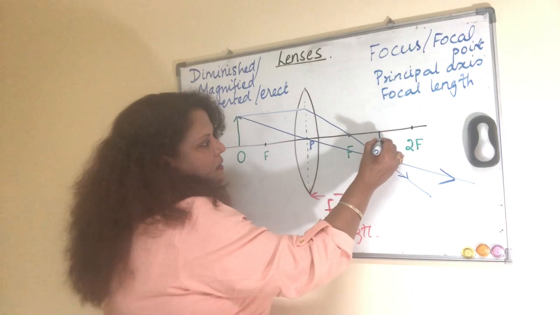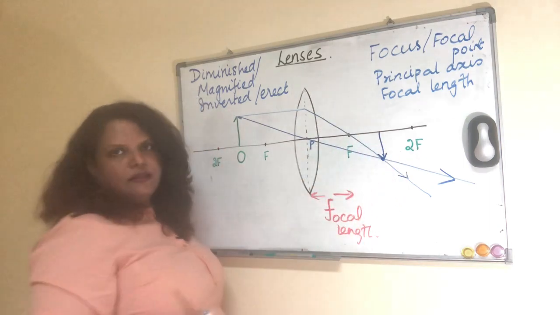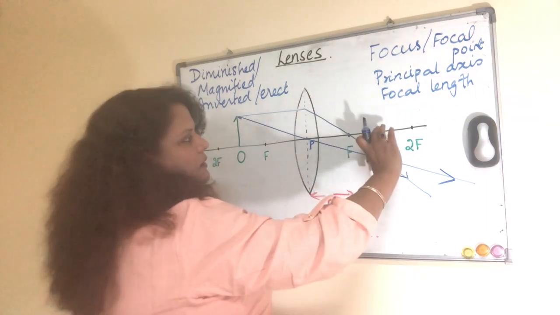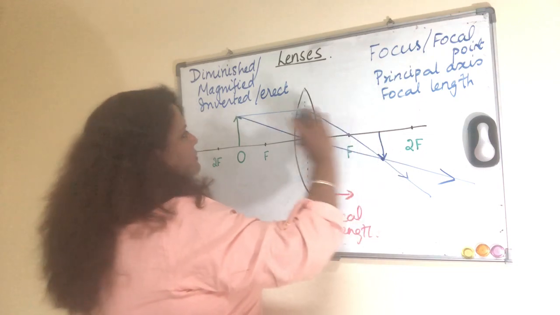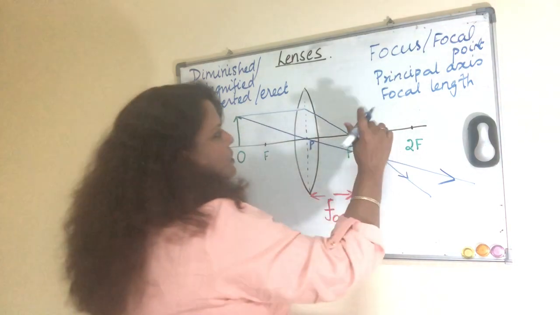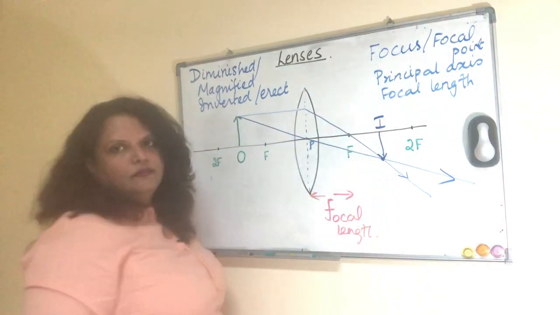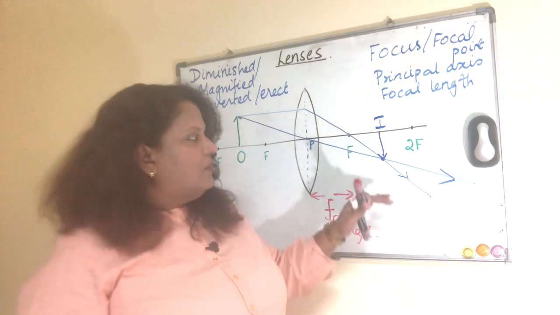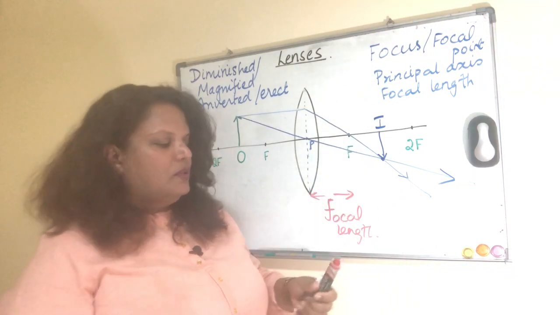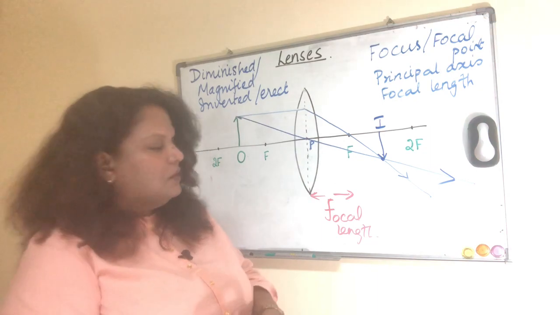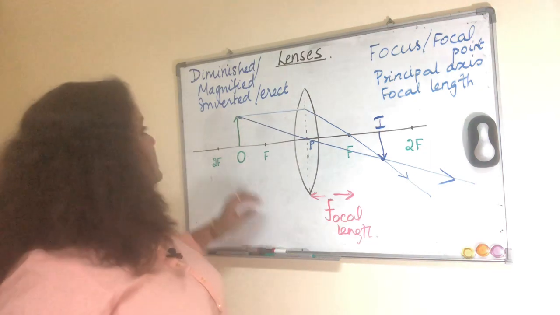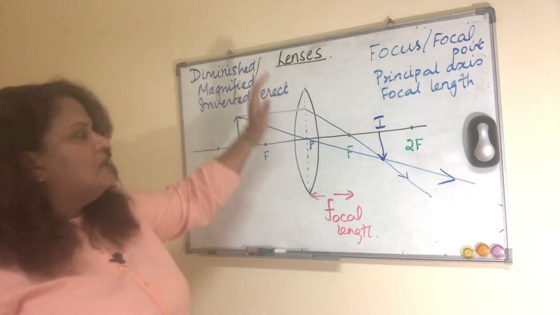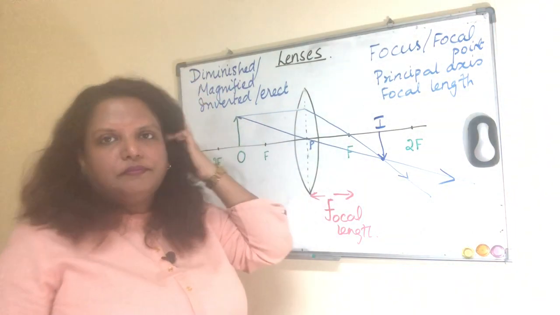You drop it till the principal axis. So now the object is here. This is your image, right? So from the construction, if you look at the image, what you need to describe is, using these terms, what are the characteristics of the image?